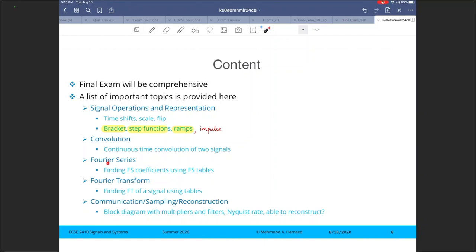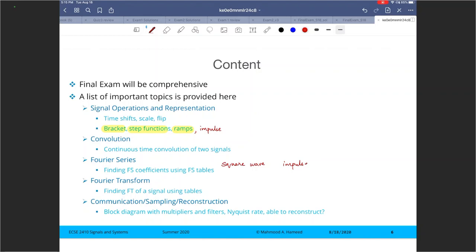Next, for Fourier series, being able to determine the exponential Fourier series coefficients using the Fourier series tables. Now, we have essentially two known Fourier series coefficients. One is for the square wave, right, the periodic square wave, and one is for the impulse train.